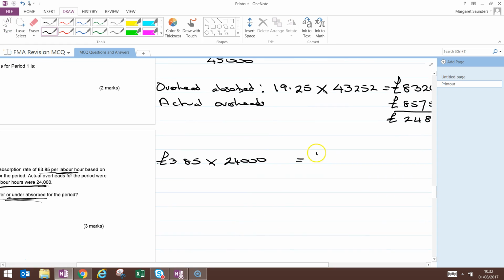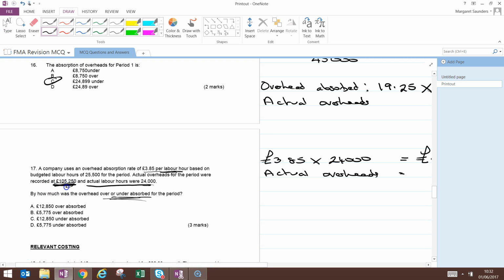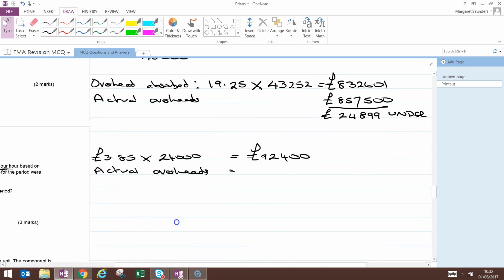So the overhead absorbed 92,400. What were the actual overheads? £105,250. So the difference is the under or over absorption.